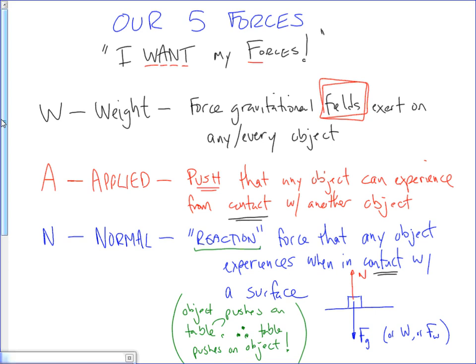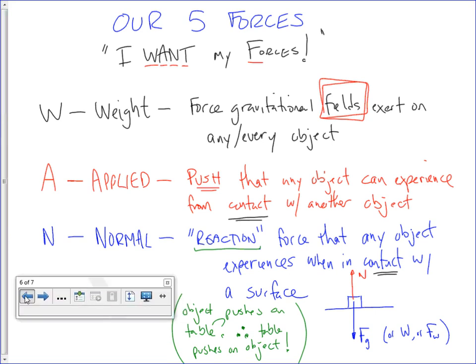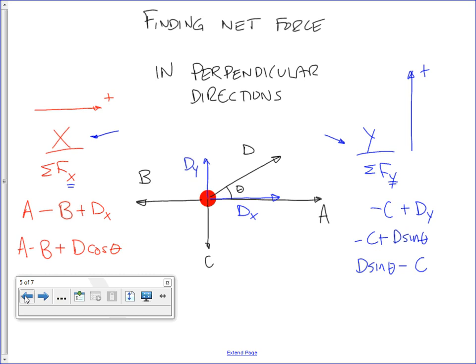We spent a good bit of time talking about net force, the idea that the net force acting on an object is the entire phenomenon that controls why its motion is like it is. There are lots of different ways to add up forces.